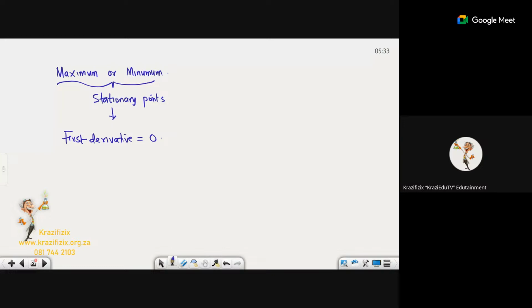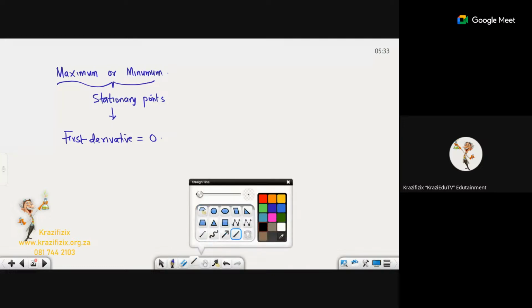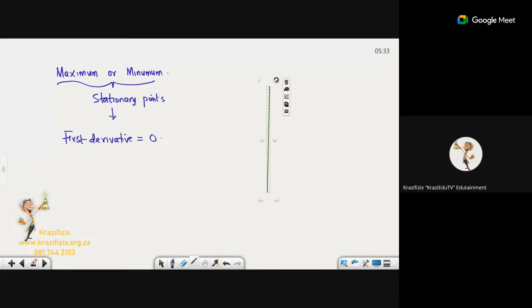That's the main thing. So when I turn this into a cubic graph, this is what we are looking at. This is going to be our maximum, and that is going to be our minimum. This is what we are basically saying.